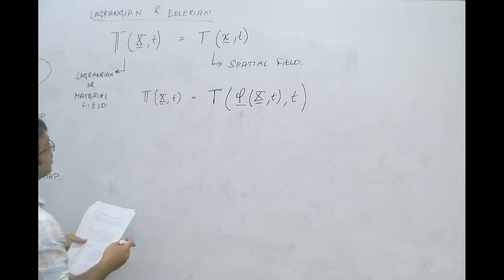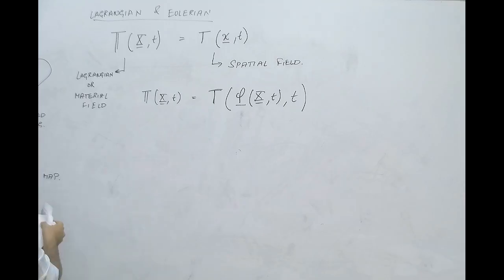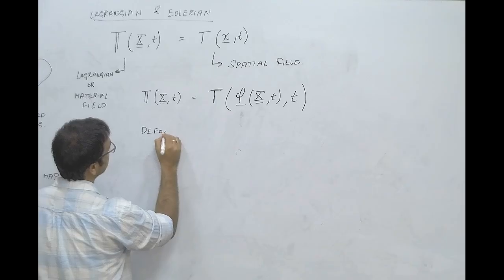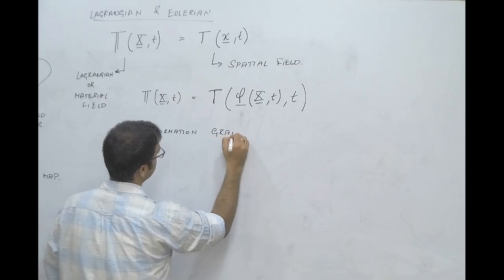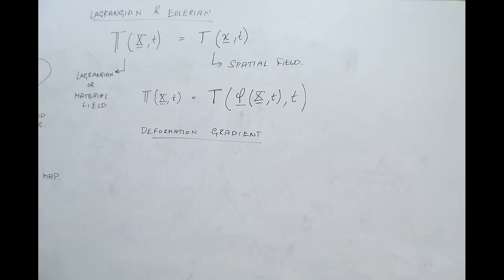Now what we can define using this deformation map is what is known as the deformation gradient. Before we define the deformation gradient, what I want you to entertain is that the basis vectors I use for capital X and small x could be different.